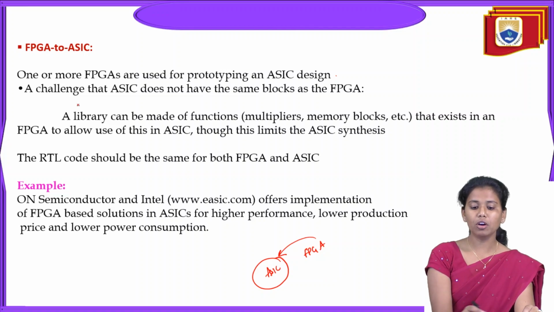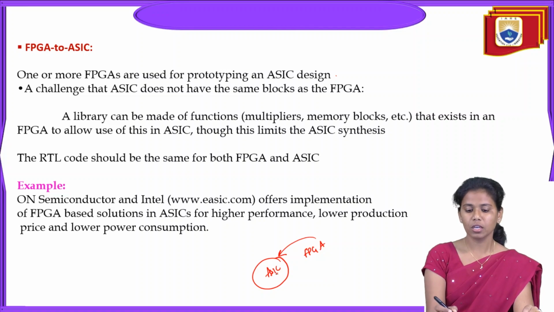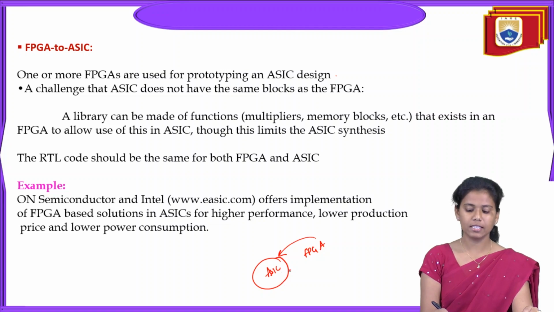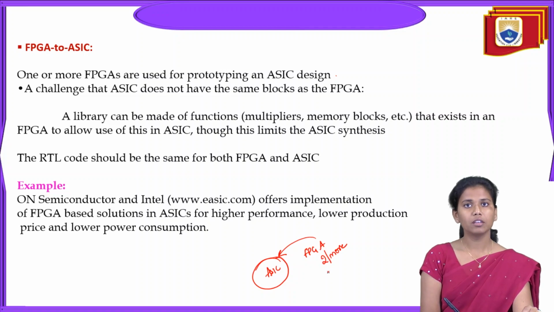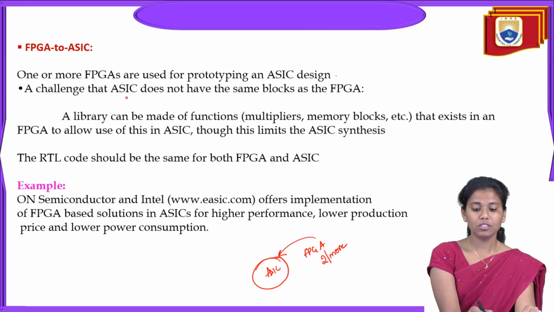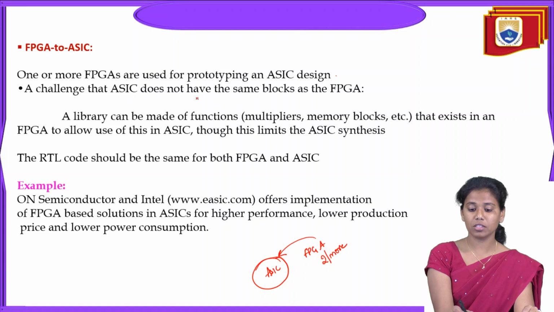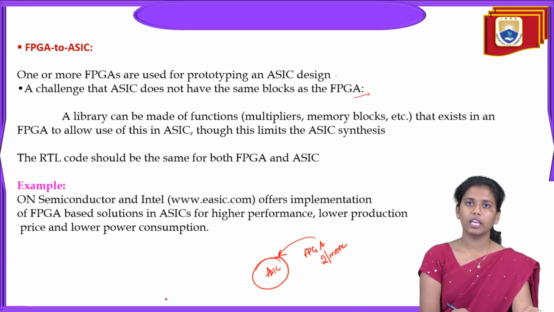In order to prototype this ASIC design, two or more FPGA programs are used. Then a challenge is that the ASIC does not have the same blocks as the FPGA.